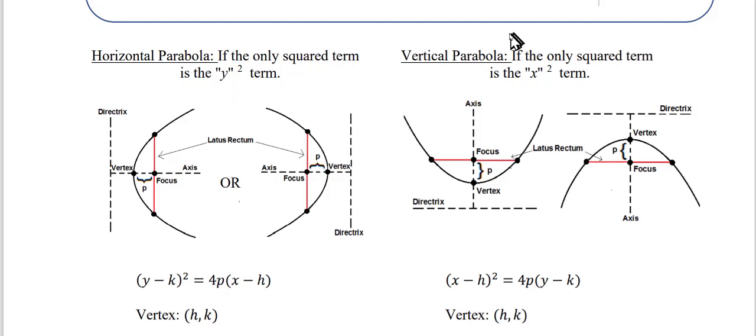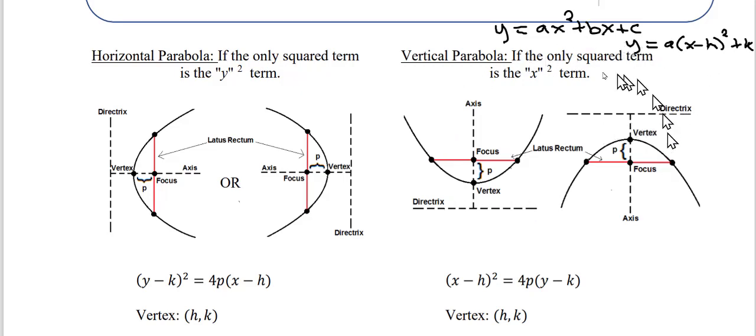Remember, our traditional parabola will be of the form y equals ax squared plus bx plus c, or you might see it as y equals a times (x minus h) squared plus k. Either of those forms, in that case, the x is squared, the y is not, in whichever format you're in. That's our standard vertical parabola. The x is squared, but it's the only thing that's squared. With our circle, our ellipse, and our hyperbola, both x and y were squared.